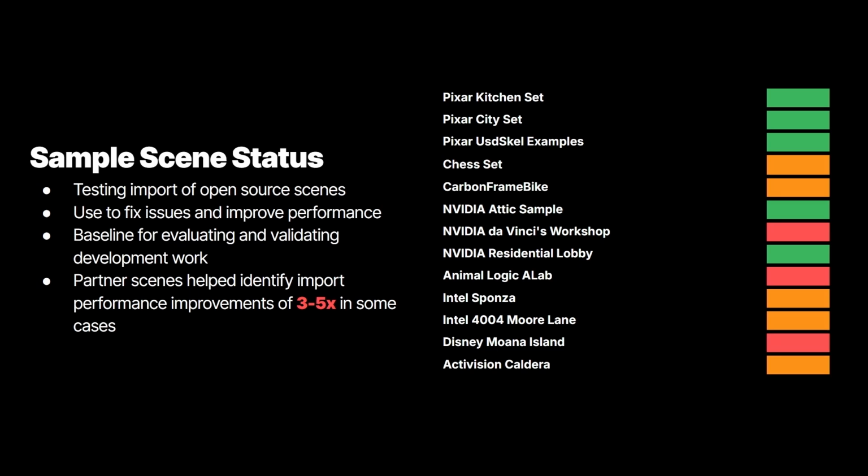Wanted to also highlight this, that we've refocused our efforts on using the common set of open source scenes to help validate and test features and find issues in our integration. So we have an internal team of technical artists that recently completed a pass, the results of which you can see up here. The colors represent roughly how well the artist determined the result in USD in engine to have matched what the scene should look like, whether that's from another DCC, from USD view, or from reference images.